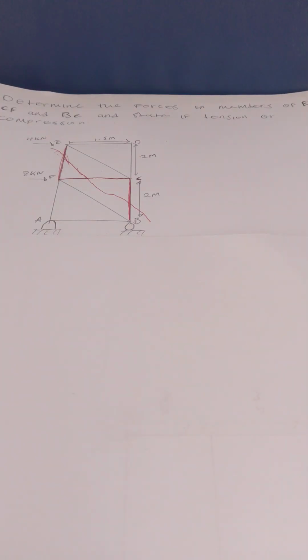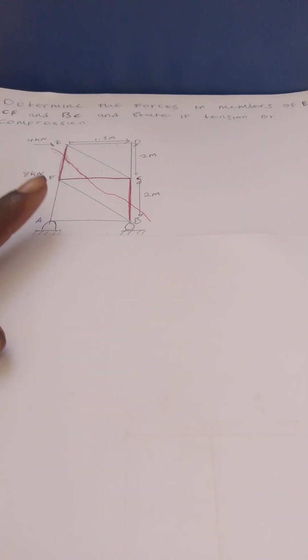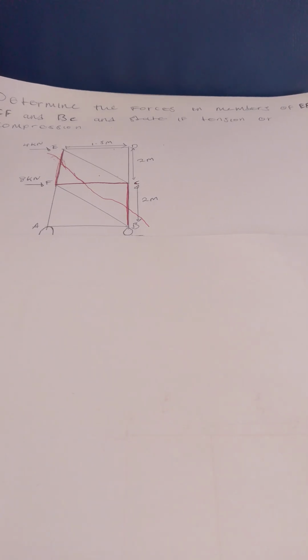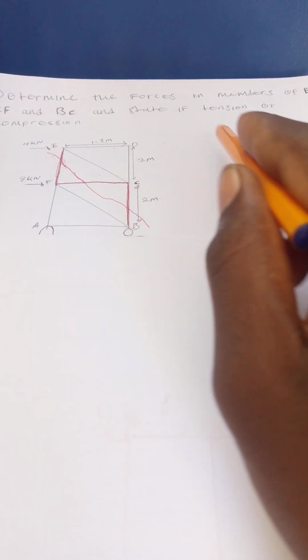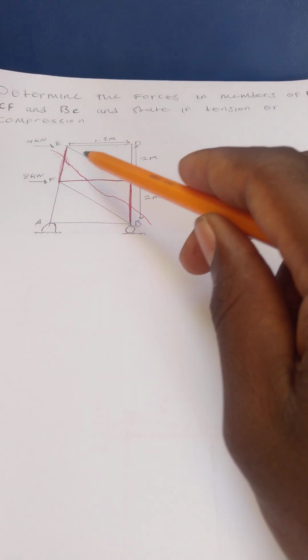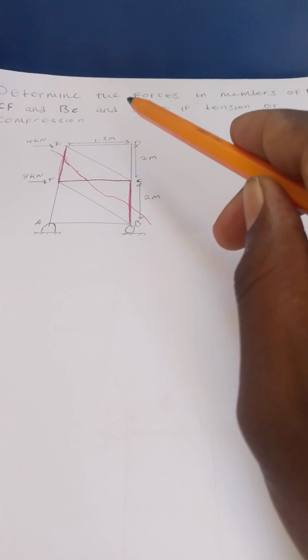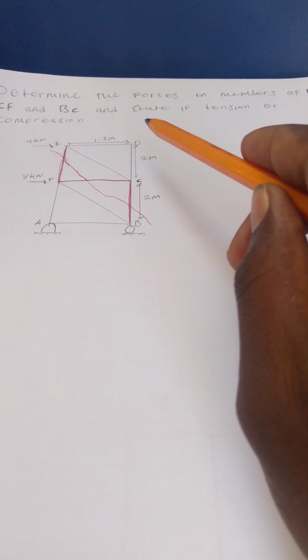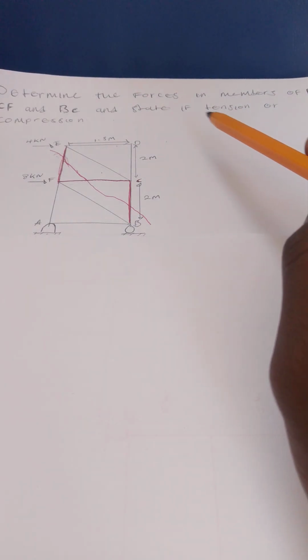Today we are continuing with the method of sections. Today we'll look at this question. The first thing you should do is understand the question. The question states: determine the forces in the members EF, CF and BC, and state if tension or compression.